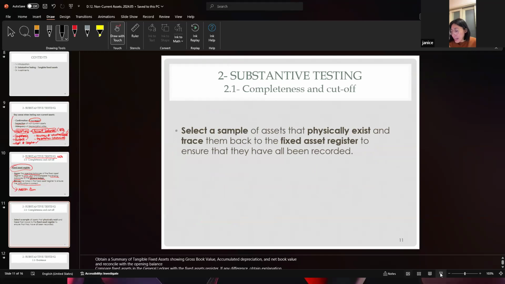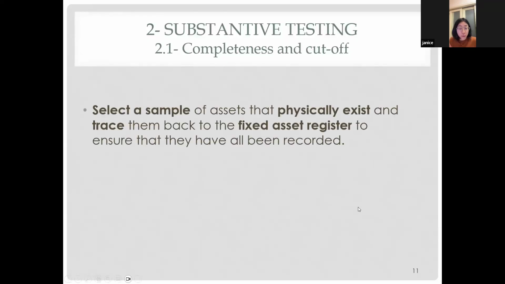And then the next thing to verify completeness is what we just talked about. We select a sample of assets that physically exist, right? So the asset that exists.